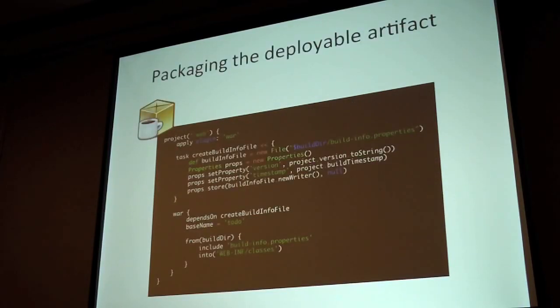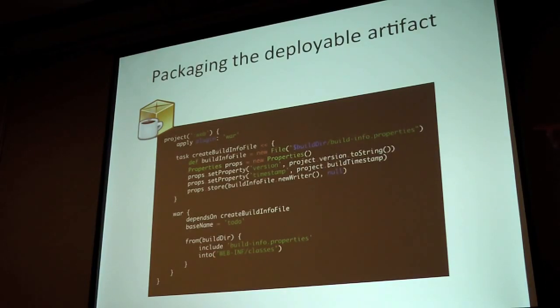So I already talked about that we wanted to include some sort of build information. Now that we have a versioning strategy for our build, we can actually include this information. So we can define a new task here for our web module or web project called createBuildInfoFile, which basically just creates a properties file, which sets 2 different properties here.